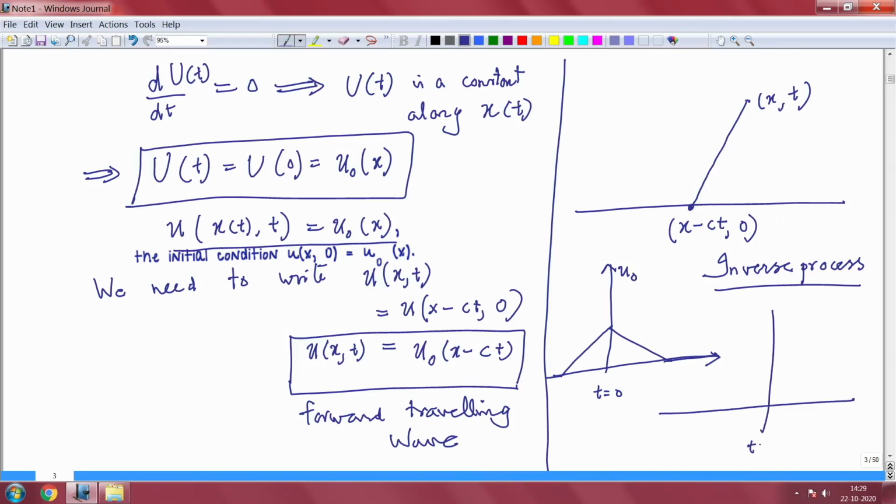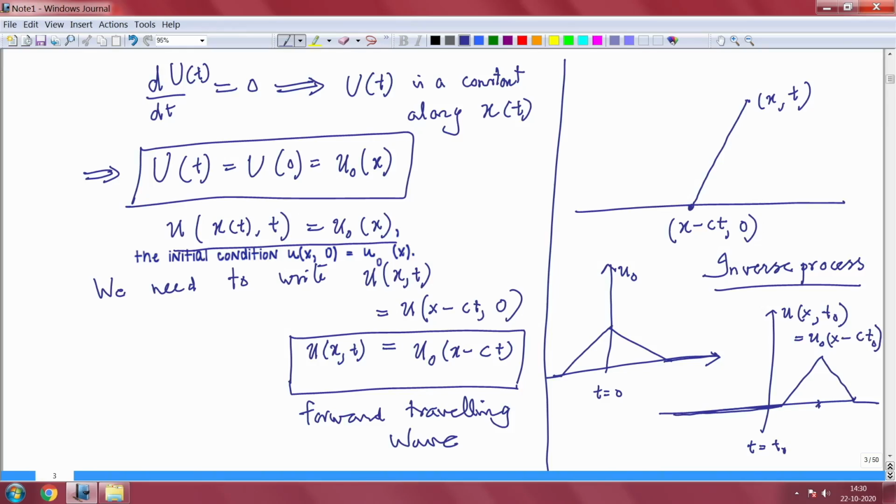At time t equal to t naught, if I plot my u(x, t naught), the curve will be like this. It will be moved forward a little bit along that line. So this is u naught of x minus c t naught.